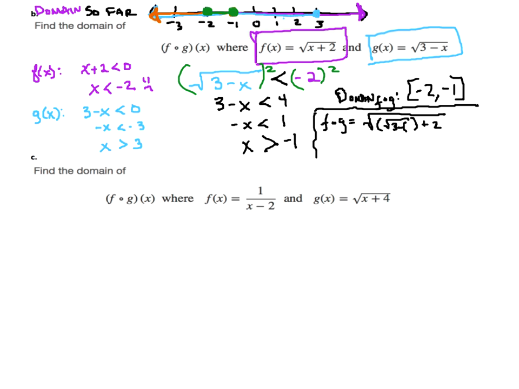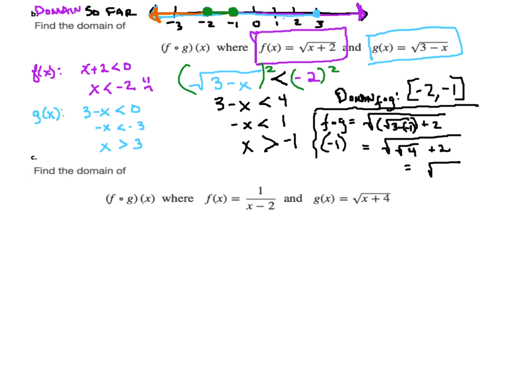All right. So f composed with g of negative 1, so it's a negative 1 in there. This is equal to the square root of 4 plus 2.